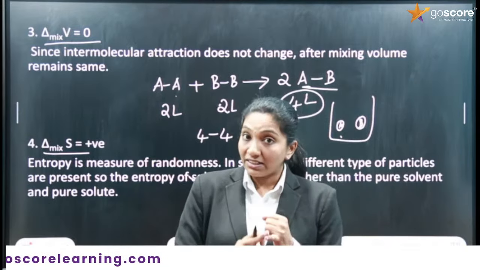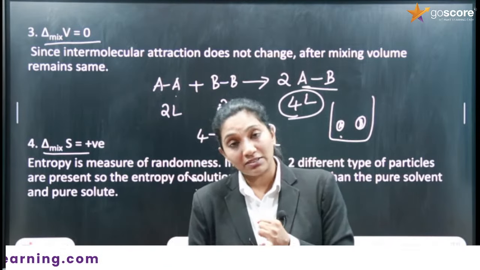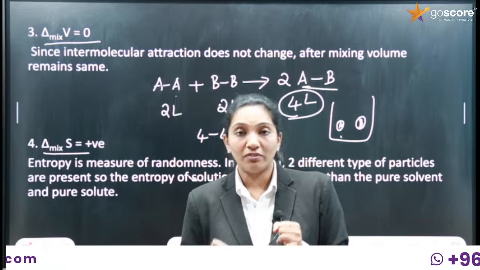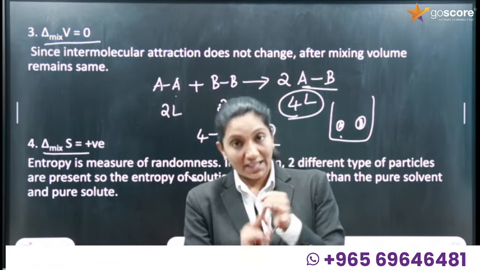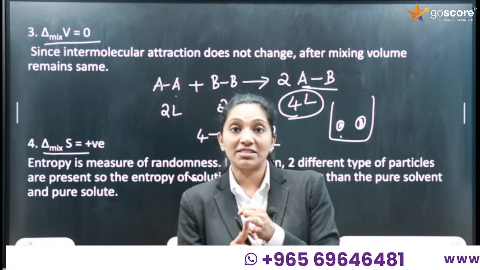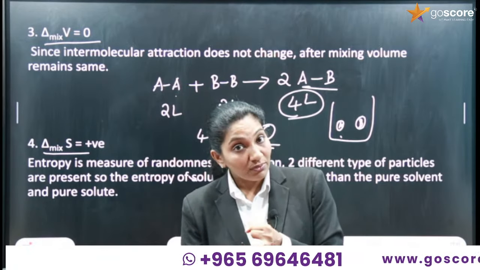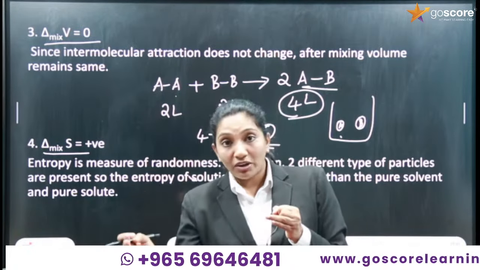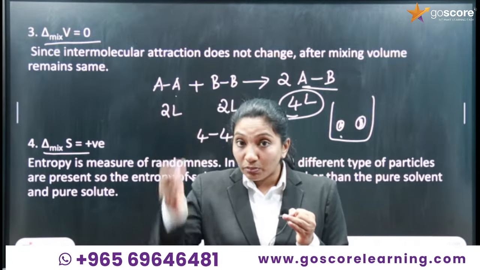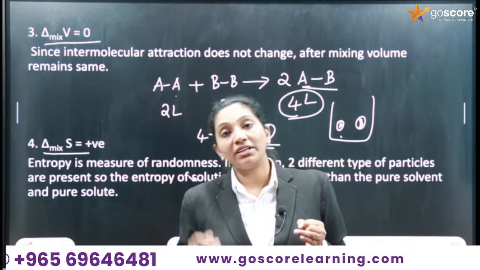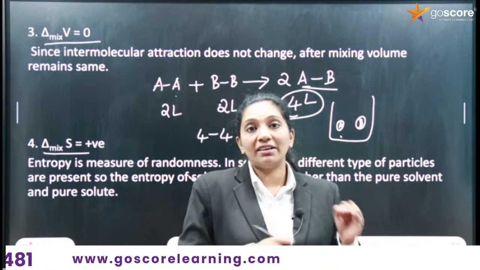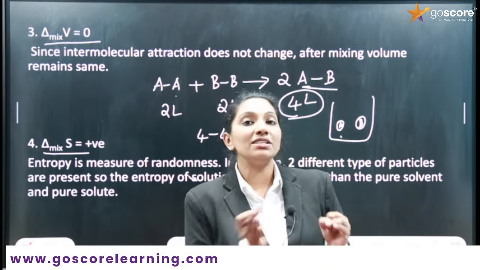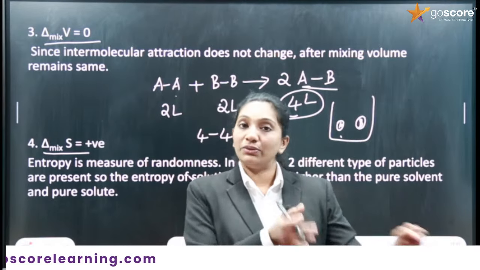That is, the intermolecular interaction between the solute and solvent will be equal to that of the solute and solute, and solvent and solvent. Second one is delta H of mixing. The enthalpy of mixing will be zero because the energy required to break the bond between the solvent molecules and between the solute molecules will be equal to the energy released when a new bond is formed between the solute and solvent.